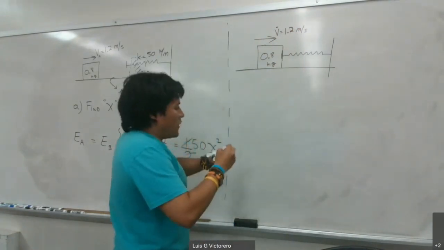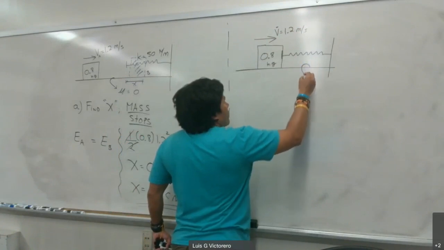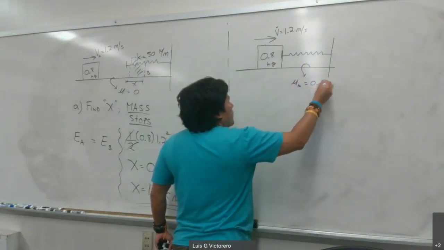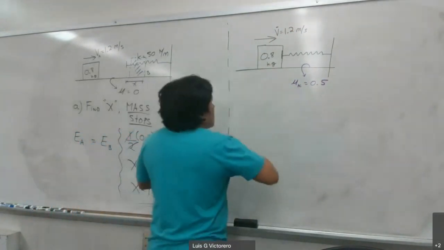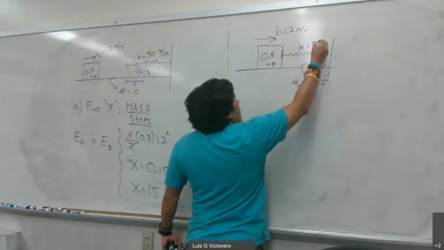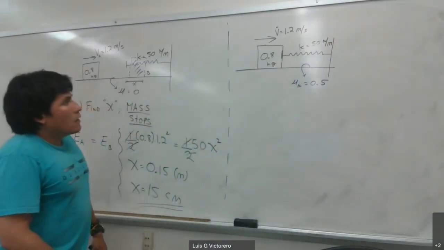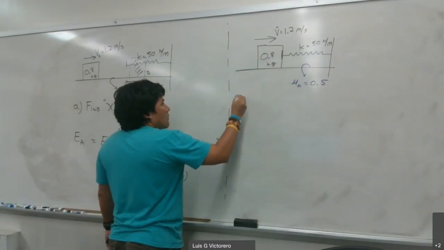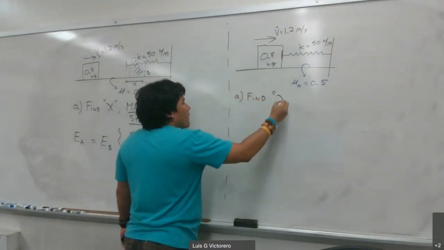It's like saying that now there is friction below the spring, mu k equals 0.5. And the constant of the spring is the same, 50 newtons per meter. So what will be the maximum compression again?